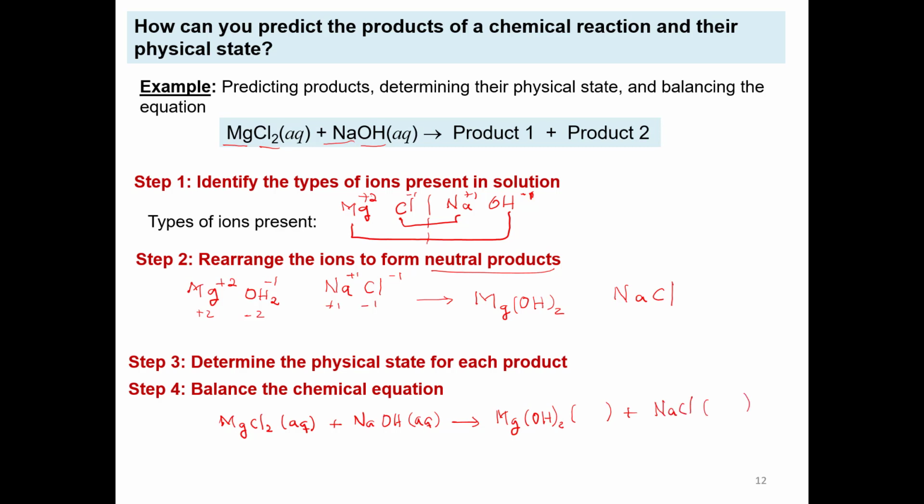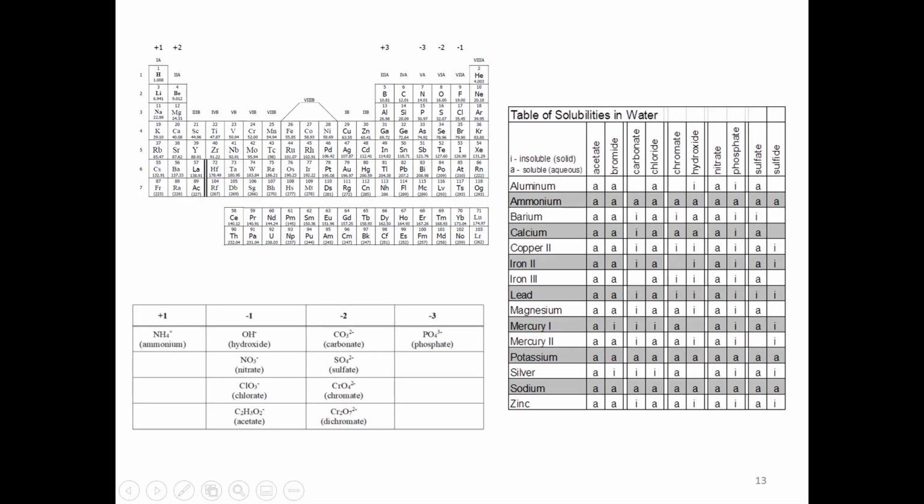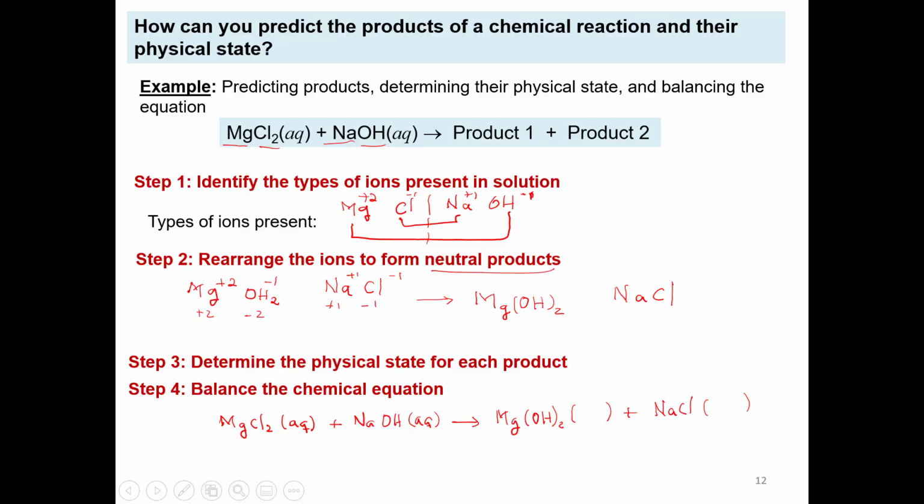For the physical state. And step number 3 is we want to find the physical state of each product. To do that, we will use the other table we had in our equation sheet. Yes, we will use this table. Then we want to find what is the physical state of the magnesium hydroxide.